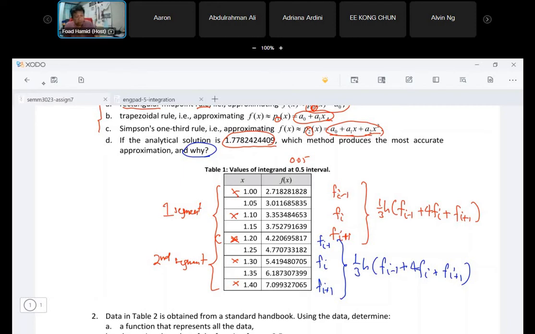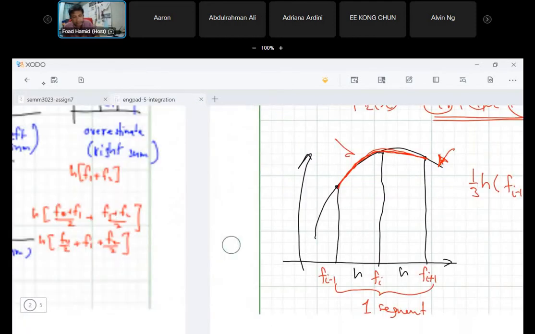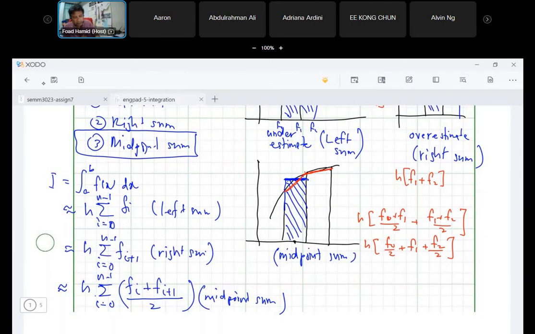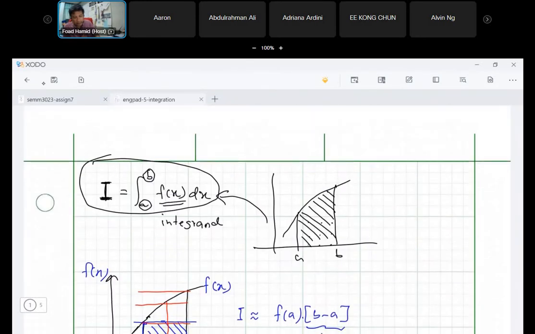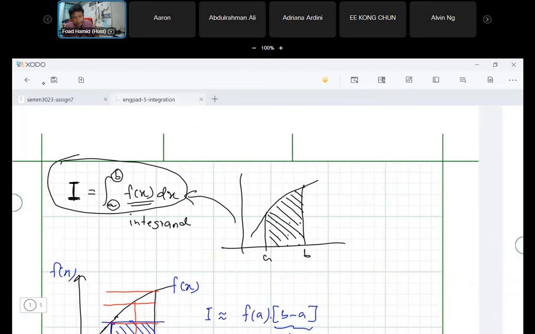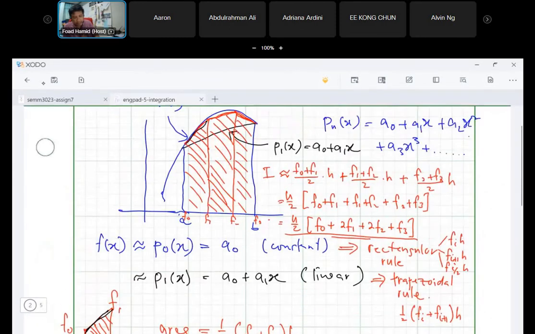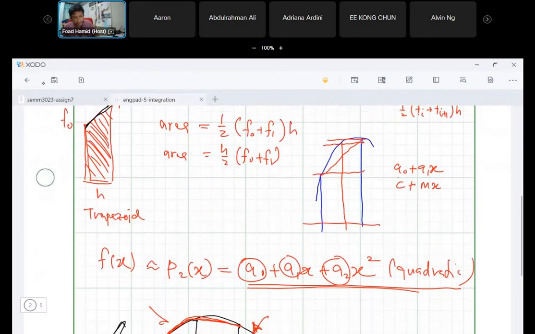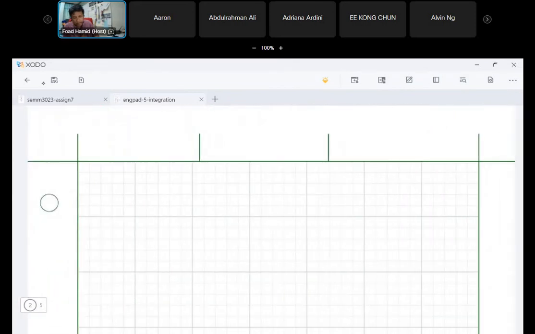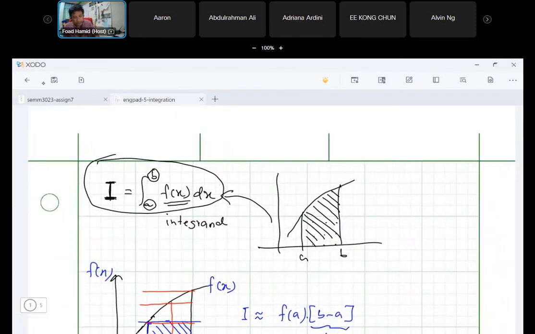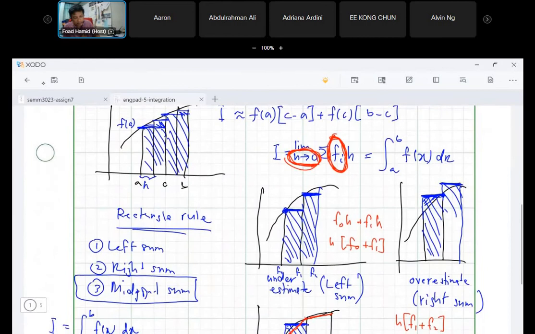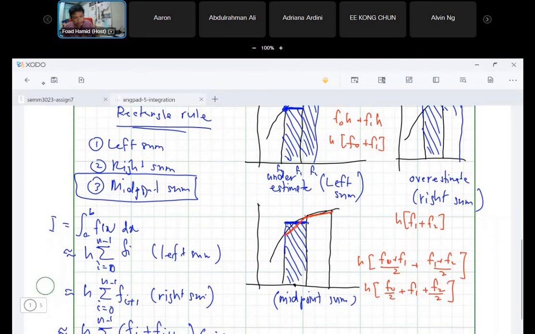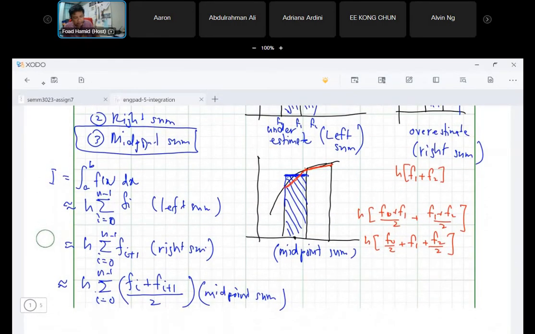Remember what I talked about in our lecture last time? Remember the definition of integration last time?